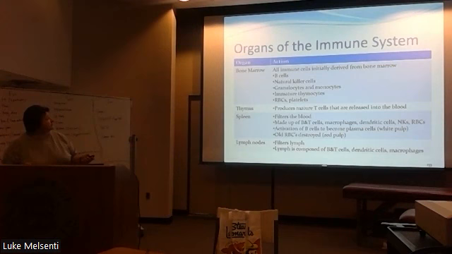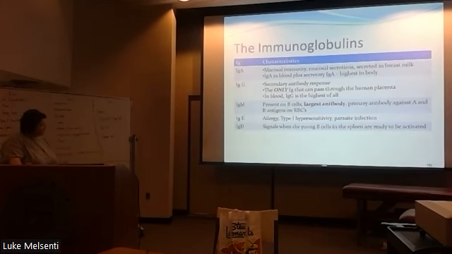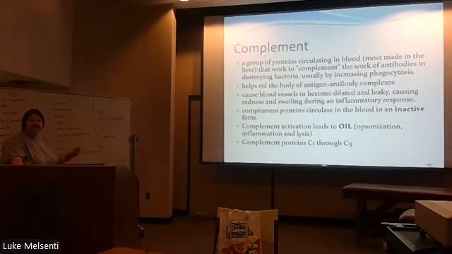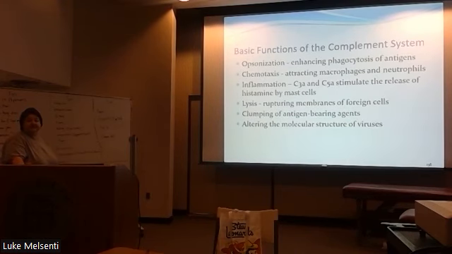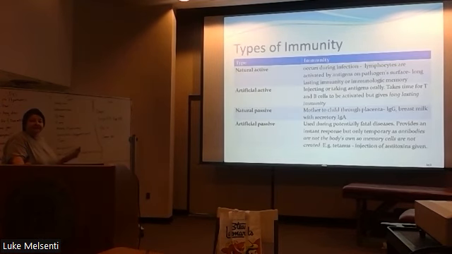So organs of the immune system, right? The cells of the immune system. Here's your immunoglobulins. Here's your hypersensitivity reactions. You can never forget about complement, right? As soon as I say complement, everybody should be yelling what? Opsonization, right? You guys remember this? Types of immunity.